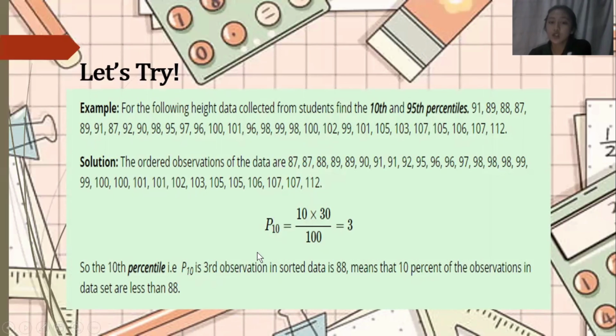Okay, so the third observation in sorted data is 88. Meaning, 10% of the observations of all the data are less than 88. Okay? Is it all clear?